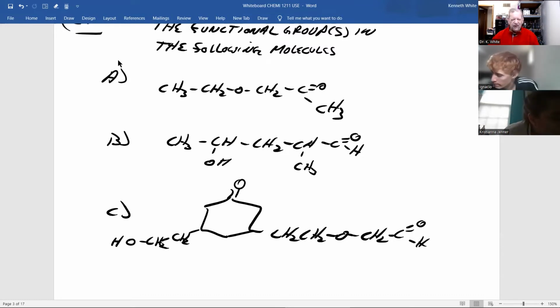And it's time for you to play that fun game, circle and name the functional group, 2 points each.